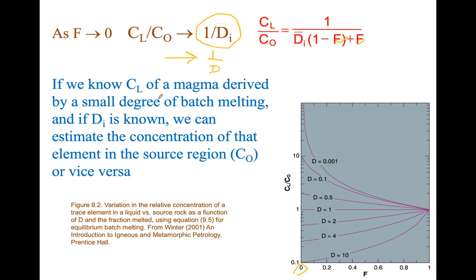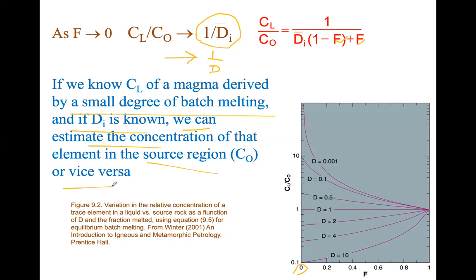So if you know the CL of magma derived by a very small degree of batch melting, and if D, that is the distribution coefficient, is known, you can directly estimate the concentration of that element in the source region, right? That's why in most problems we sometimes assume a very small degree of melting has taken place. Of course, it depends on the petrological observations. You use the melt component which is available now, because it's a basalt, for example.